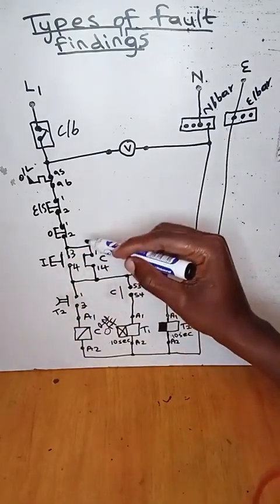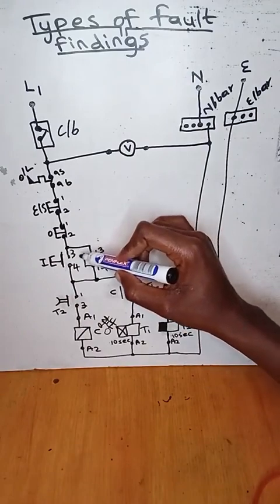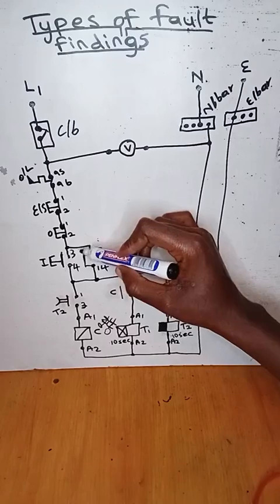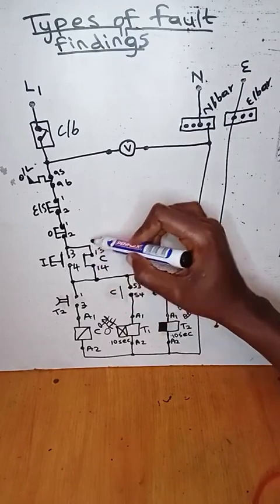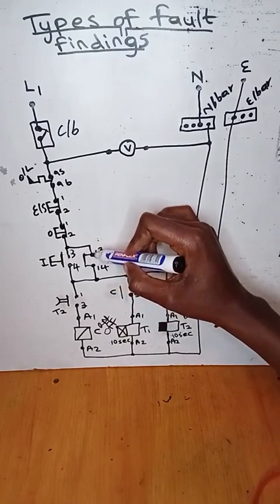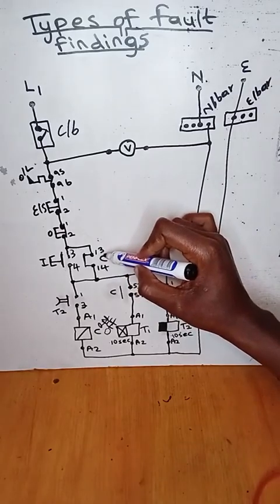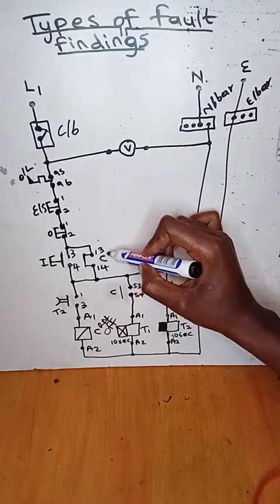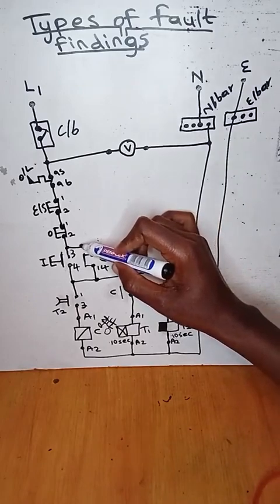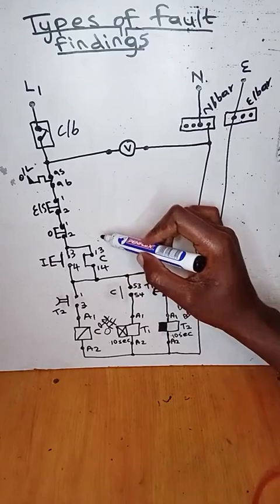Which means your fault, you have to trace your fault from this wire until number 13 of the retainer, to see if it's absent or present, right?